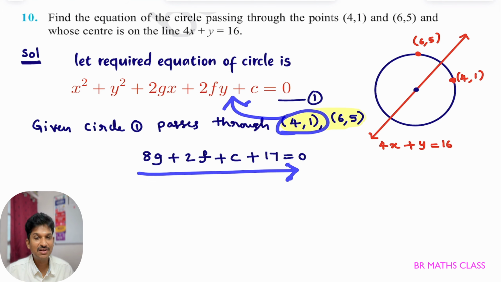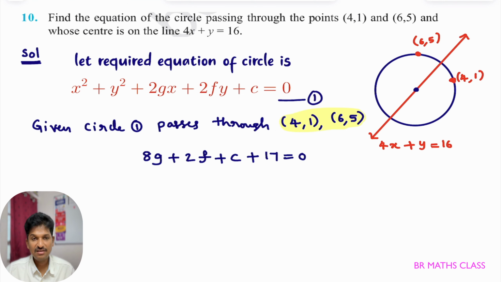I hope you understand. Similarly, as the circle passes through this point, I'll substitute this 6, 5 in this equation. I'll get another equation in terms of g, f, c. Again, you start from here. In place of x, you write 6. So this will become 12g. In place of y, you write 5.